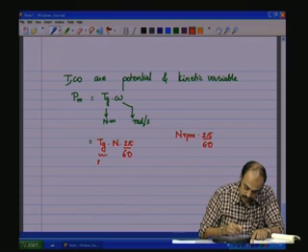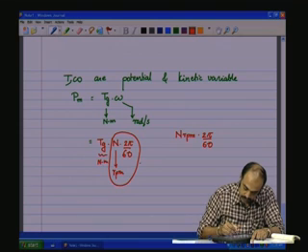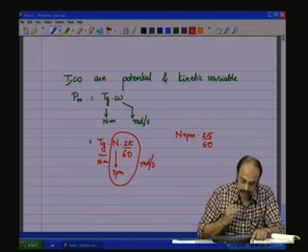So, this is in Newton meter, this is in RPM, and this whole together is radian per second.